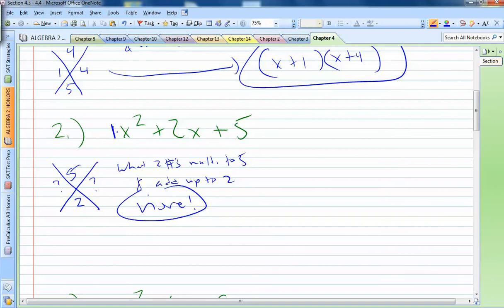There are none. Of course 1 times 5 multiplies to 5, but they don't add up to 2, and there's no other combination of integers that can make that happen. So in this case, we say the answer is prime. If something cannot be factored, we say it's prime.